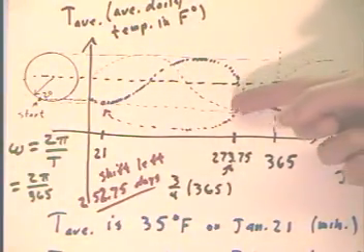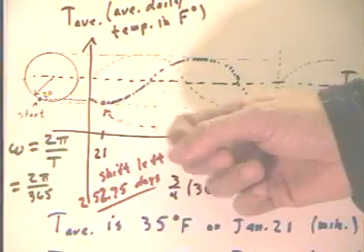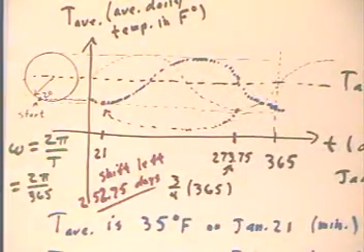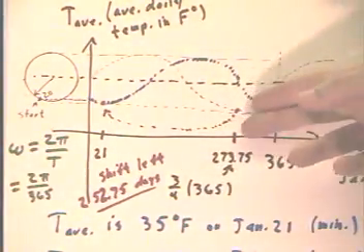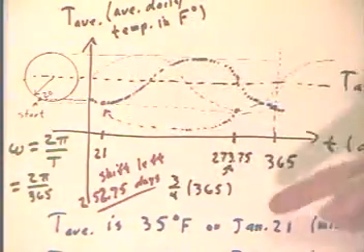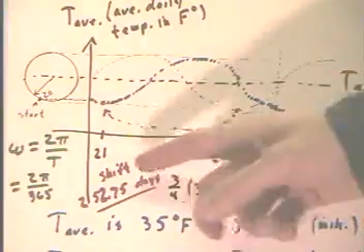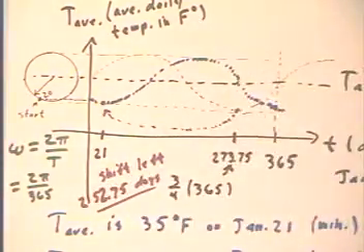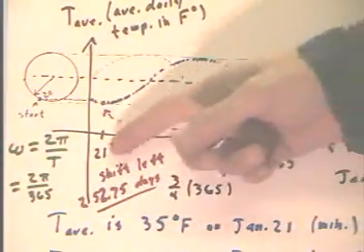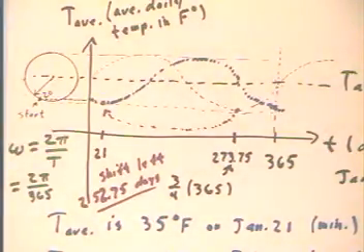We shift the standard sine function over to where the minimum occurs on day 21, which is January 21st. That involves a shift from 273.75 to 21. We have to shift left by 252.75 days. That's easy to figure. Just subtract the two numbers.